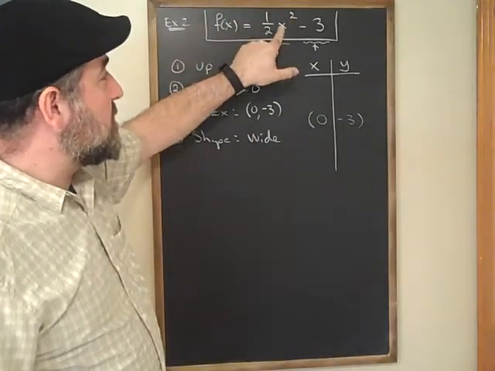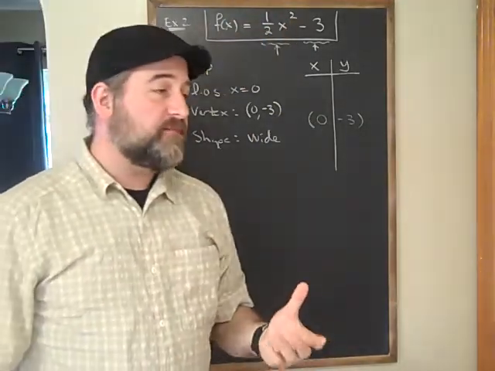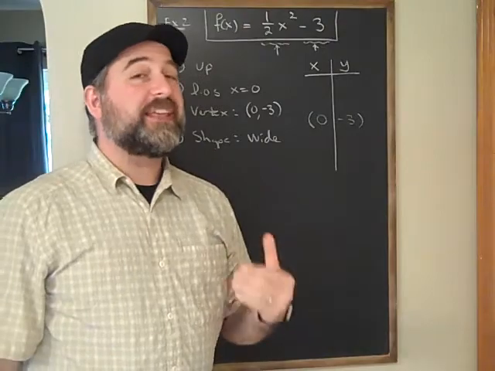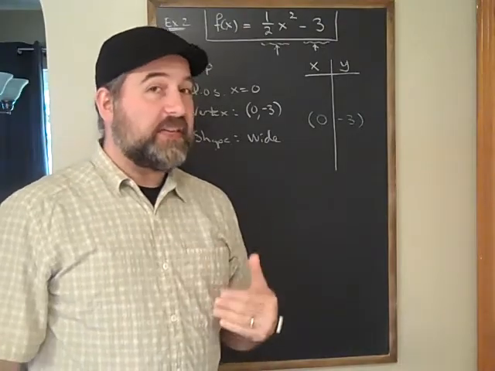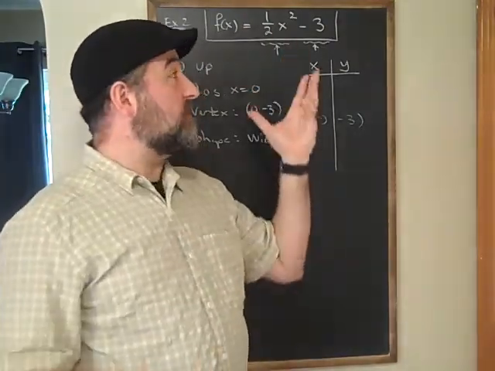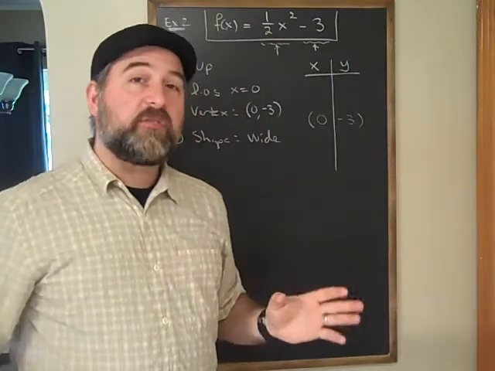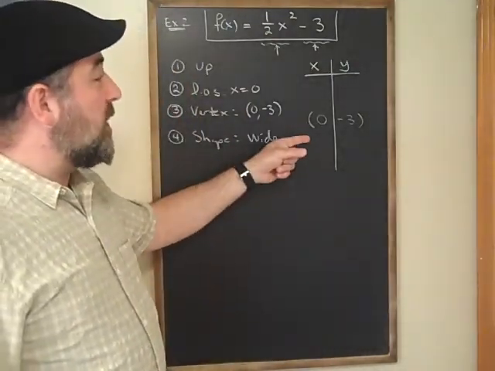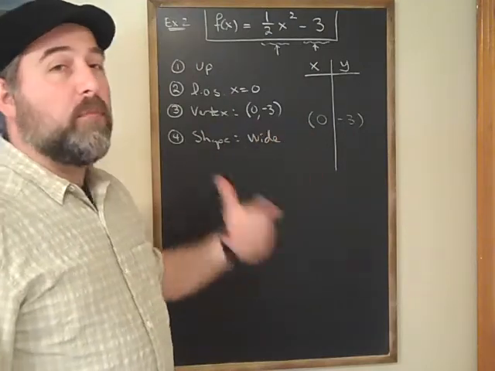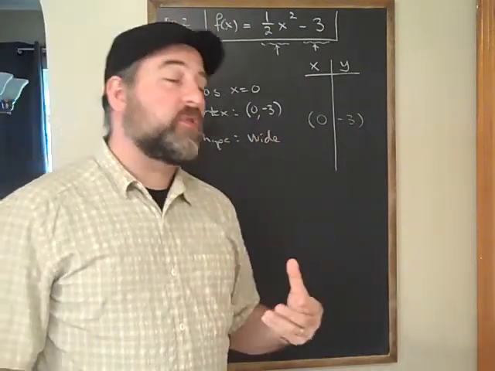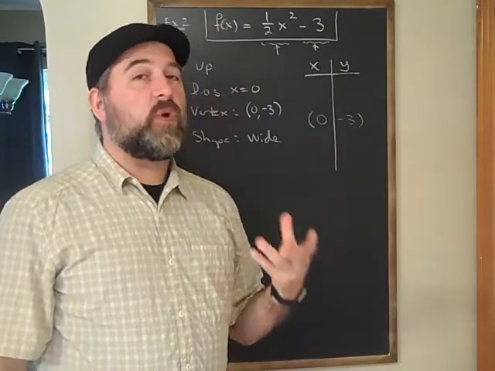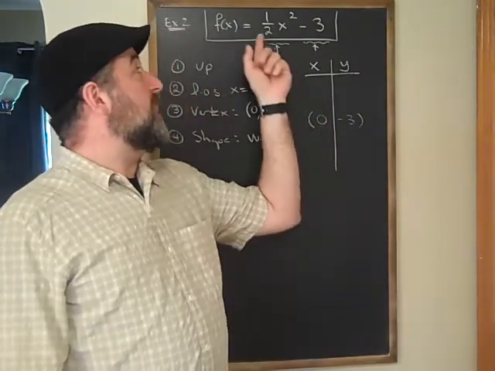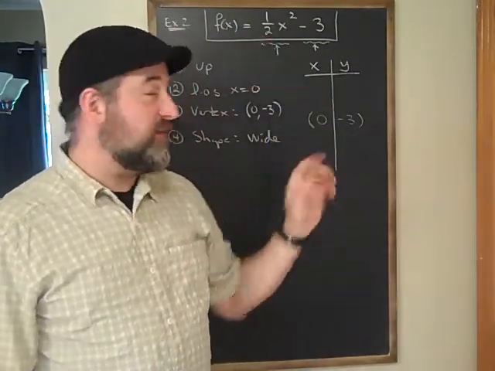I'm going to square something and I'm going to take a half of it. Taking a half of even numbers is easier to deal with because we're not going to have any fractional values. So instead of going 1, I'm going to go by multiples of 2. The reason I'm going to go by multiples of 2 is if I square an even number, it'll be easy to take half of an even number.